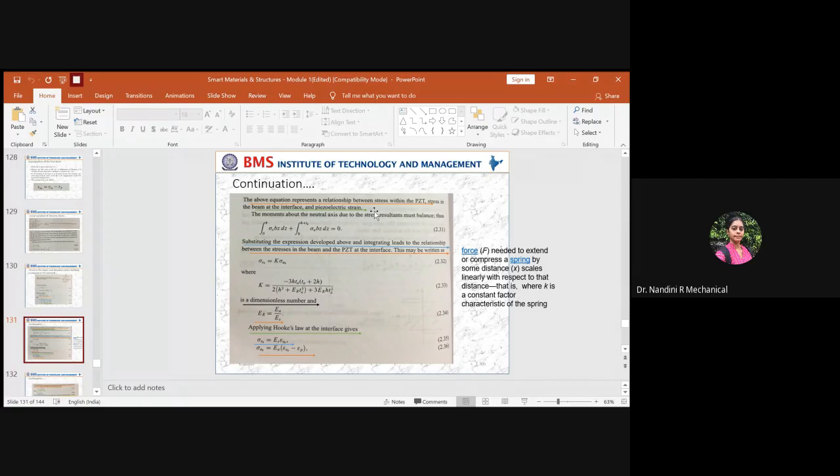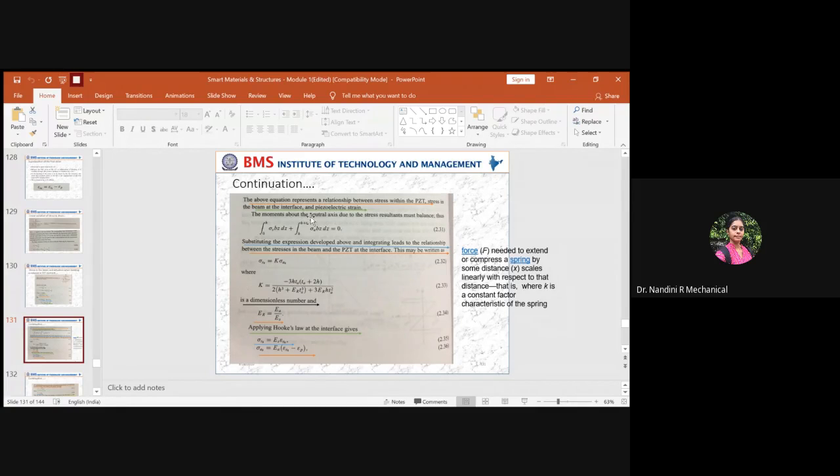So once you have the stress and strain associated across the interface between the actuator and the structure, then you will calculate the bending moment across the neutral axis. Remember, always when you determine the moment, you should have one reference plane. So here the moments are calculated about the neutral axis. Why? Because the stress resultants must balance.